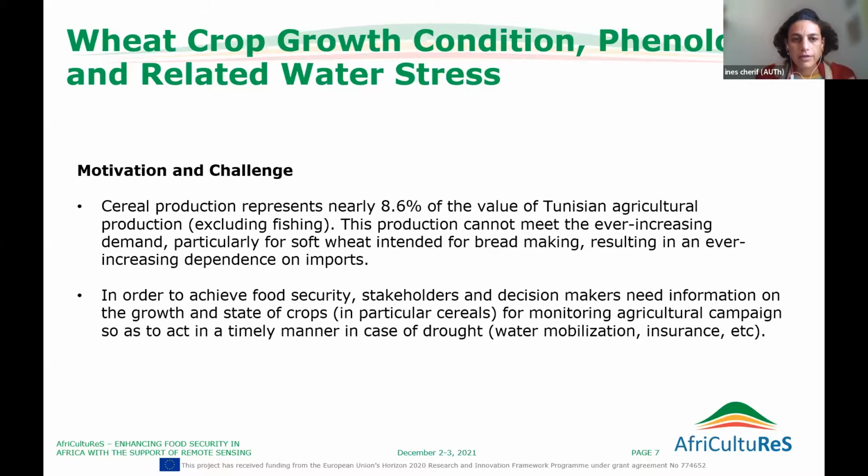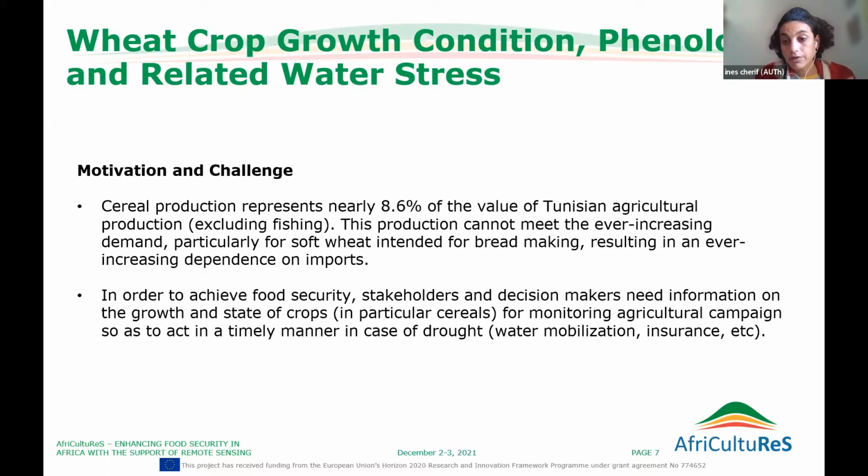Regarding the specific use case, the motivational challenge behind it is that, as said earlier by Evans, wheat is considered a key crop, and cereal production is more than 8% of the agricultural production.